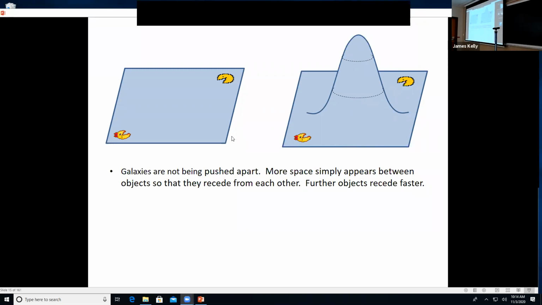More space simply appears between the objects, much like, going back to this picture I showed last time, Pac-Man and Mrs. Pac-Man here had a certain distance between them. And that distance isn't the same anymore, but it's not because they were pushed apart. Space just appeared between them.